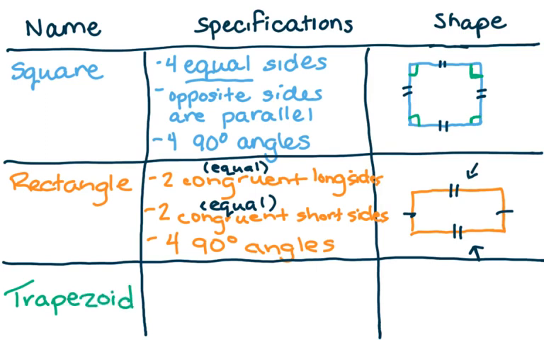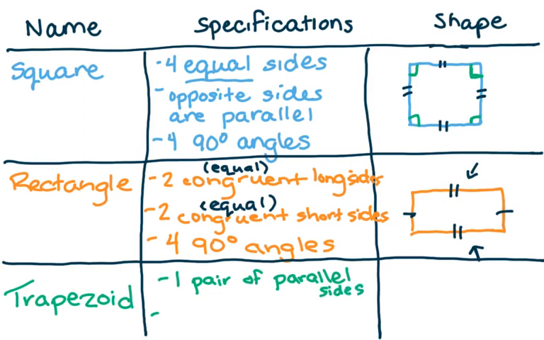Trapezoid. A trapezoid doesn't have as many specifications. It has one pair of parallel sides. I'm going to write the word sides real small right here.